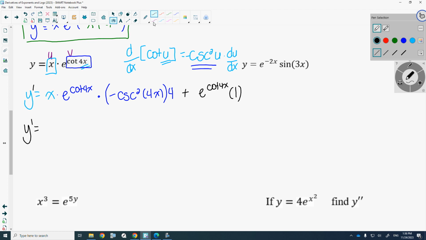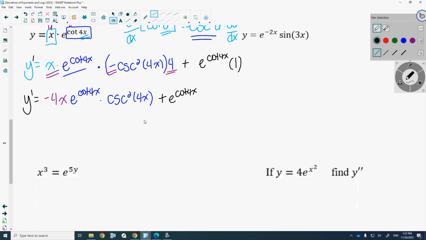Okay, I'm going to combine x, the negative, and this 4 to give me negative 4x. Then I have e to the cotan of 4x, and then I have cosecant squared of 4x plus e to the cotan of 4x.